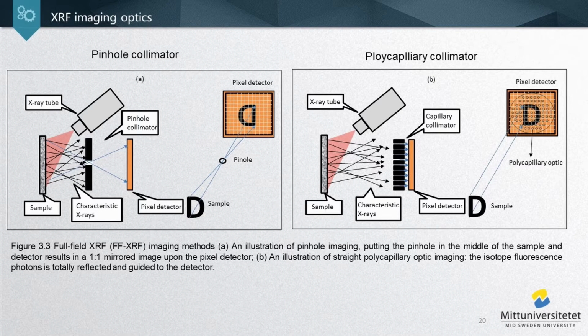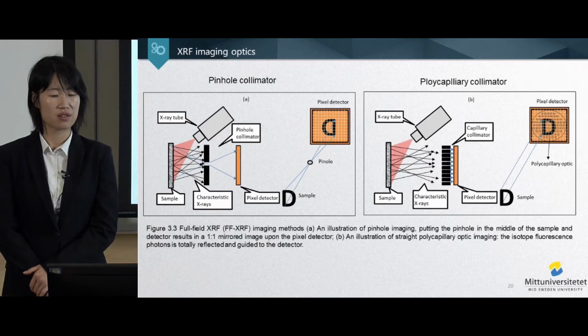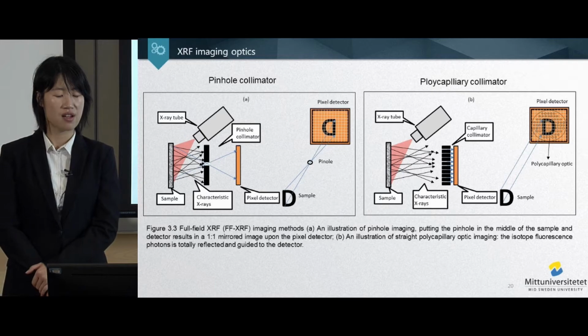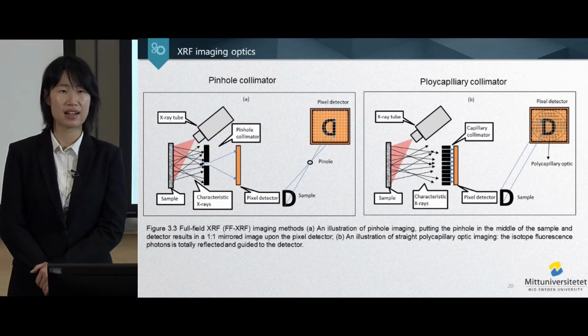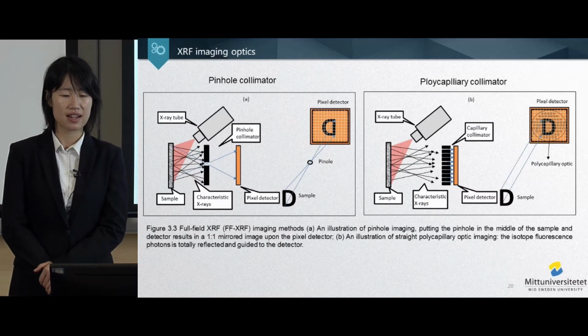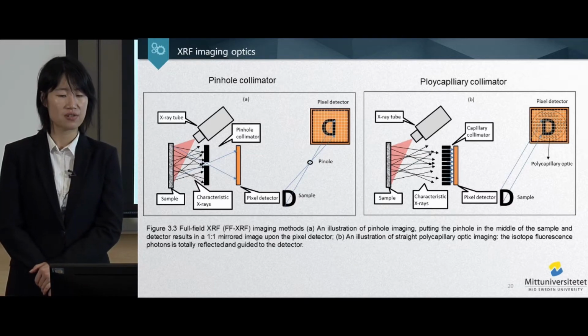Since the physical phenomena are different, the pinhole camera generates a mirrored image, while the polycapillary optics use total external reflection to get the X-rays through tiny glass tubes, and it generates a non-reversing image.